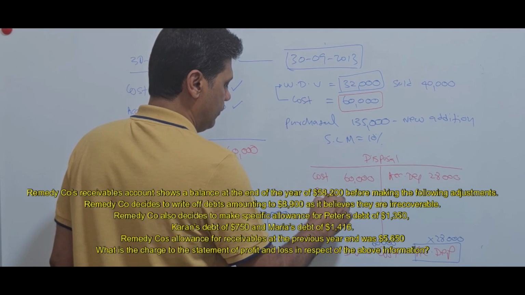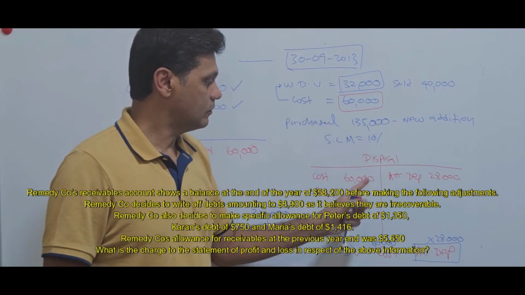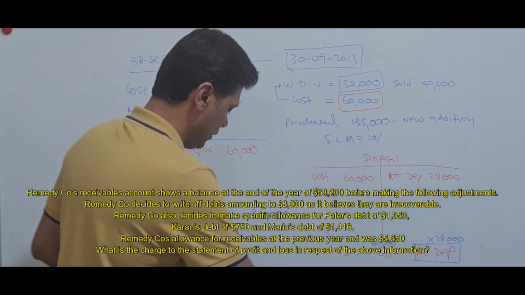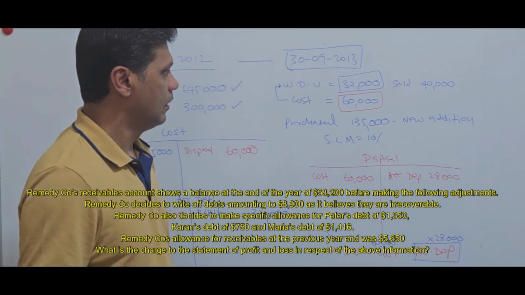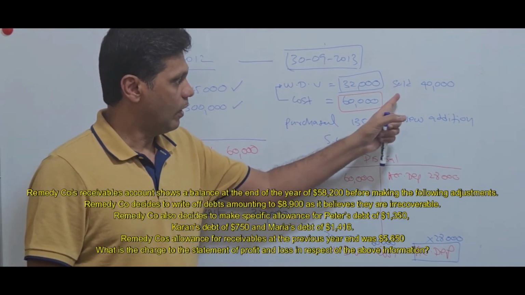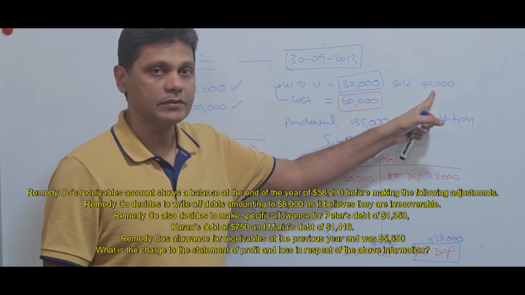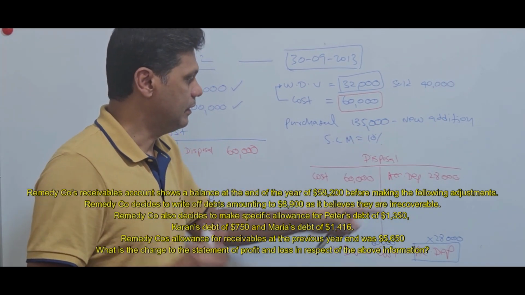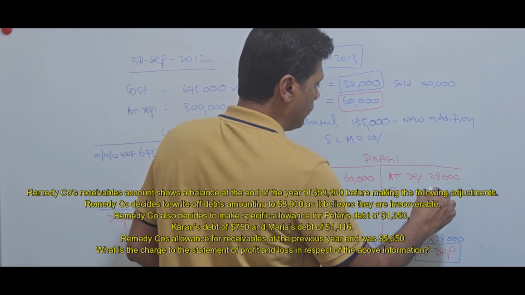When you sell, you debit the bank account. Now you have the sold amount, the value 40,000. So bank debit, credit the disposal account 40,000.